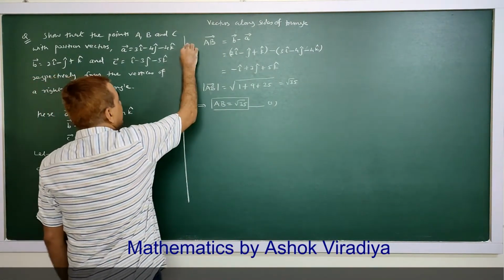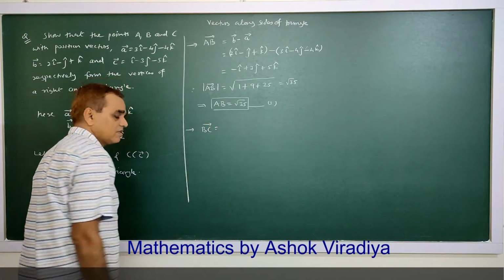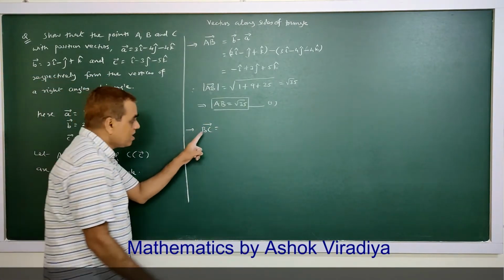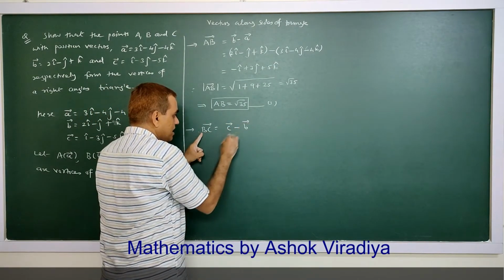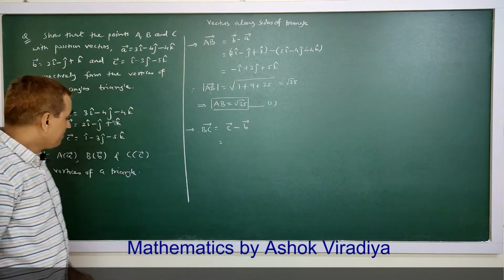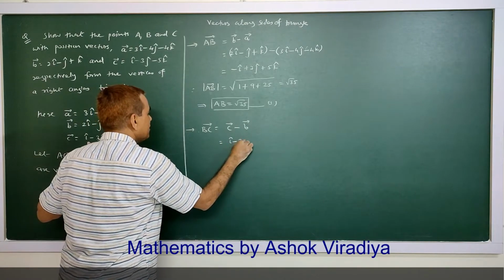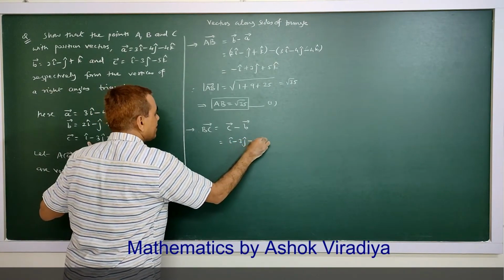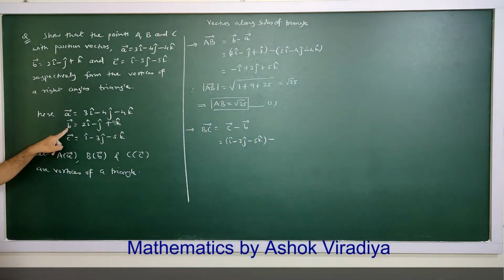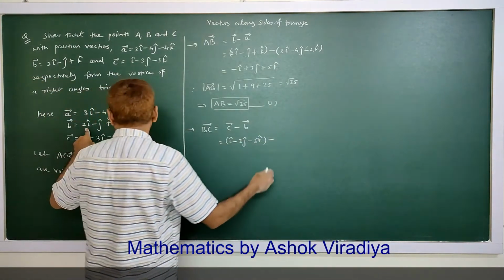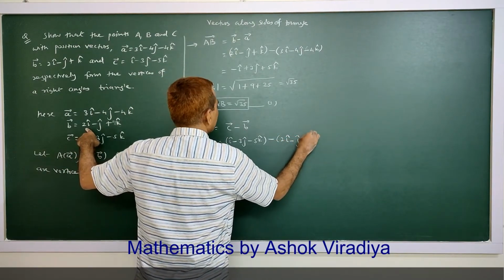Now we find the second vector BC. Vector BC is the position vector of C minus the position vector of B. The position vector of C is i minus 3j minus 5k, minus the position vector of point B, 2i minus j plus k.